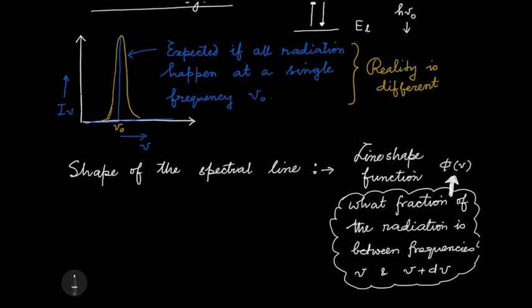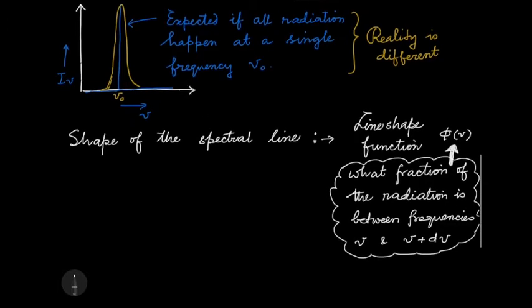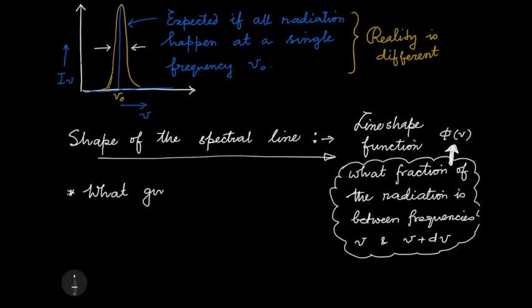Now the first question is, why should there be a spread in the frequencies? What brings in the spread in frequency, and the spread in frequency gives you a finite width of the line, which we call line width. So the question is, what gives us the spread?